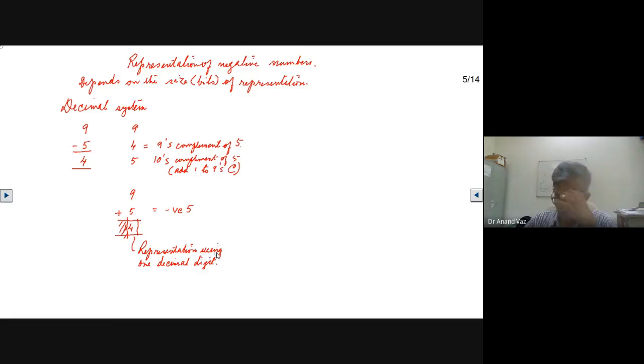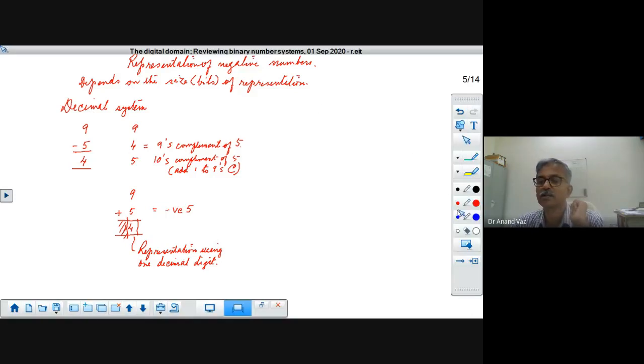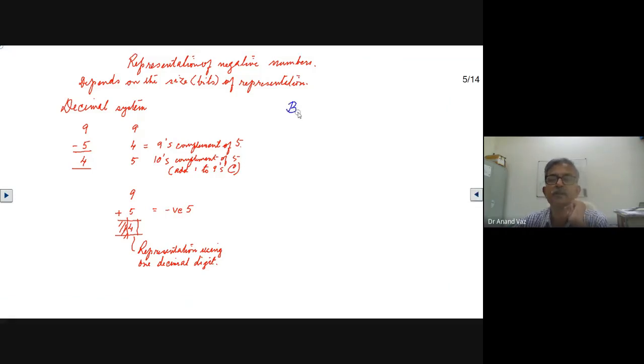Now, suppose we want to try this out in the case of binary systems also. So how do we proceed for binary systems? Let's change the color of the pen. For binary systems, the procedure is exactly similar.